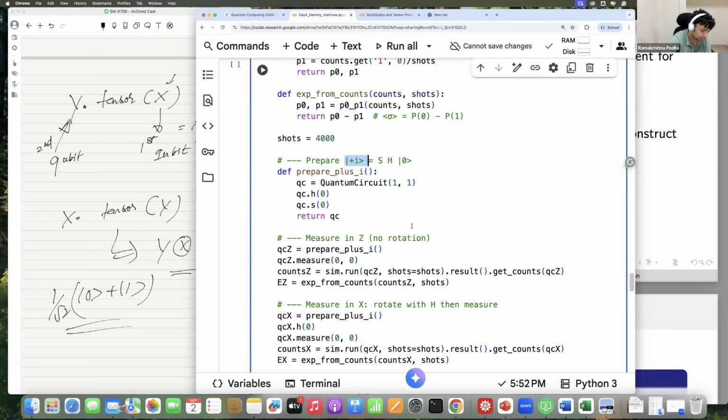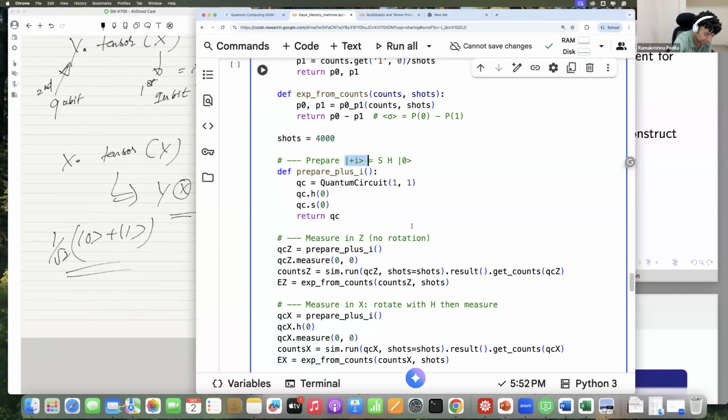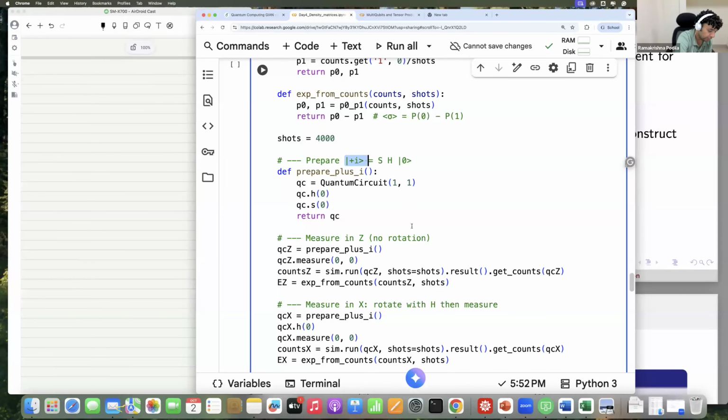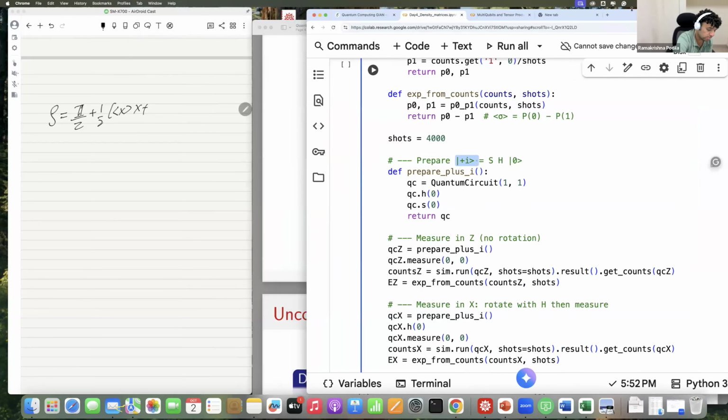Like I said, you can make the density matrix rho as I by 2 plus half X times X plus Y times Y plus Z times Z. So that's what I'm doing.